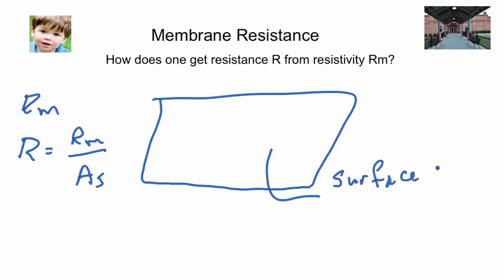All right, surface area, capital A, lowercase s, just to have a symbol for surface area. Notice that if we start with Rm to get R, we take Rm and divide by the surface area, because the larger the surface area is, the smaller the resistance of the piece as a whole.